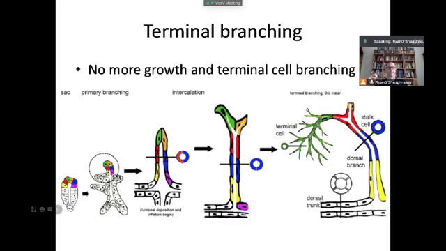But finally, and we can see in this figure here, we get a final cell that terminally differentiates into what's called a terminal cell, which itself is highly branched but cannot divide and cannot undergo the rest of this program. So with these cells, growth is stopped and we get terminal cell branching.